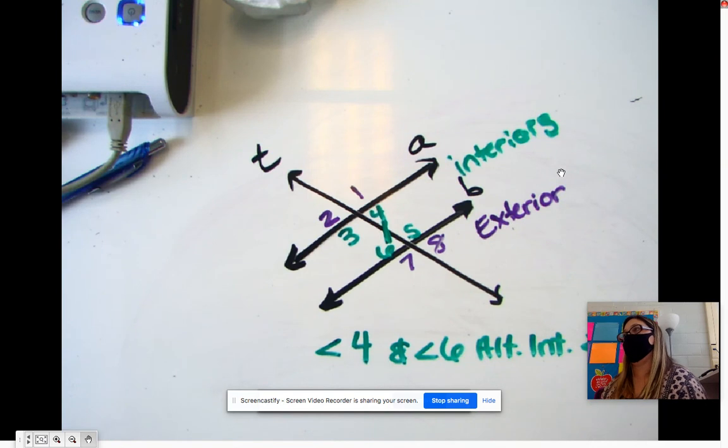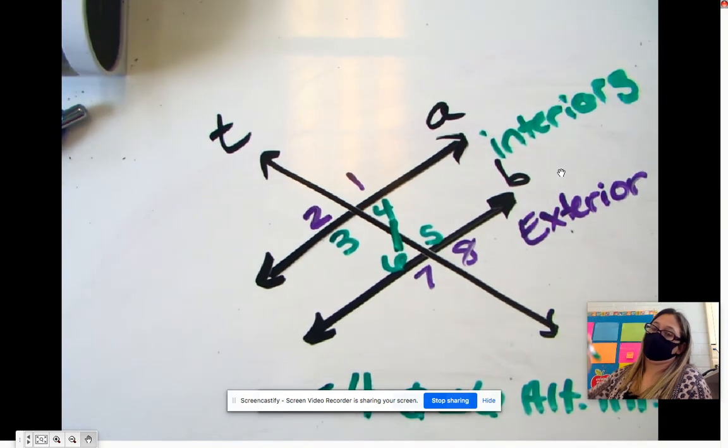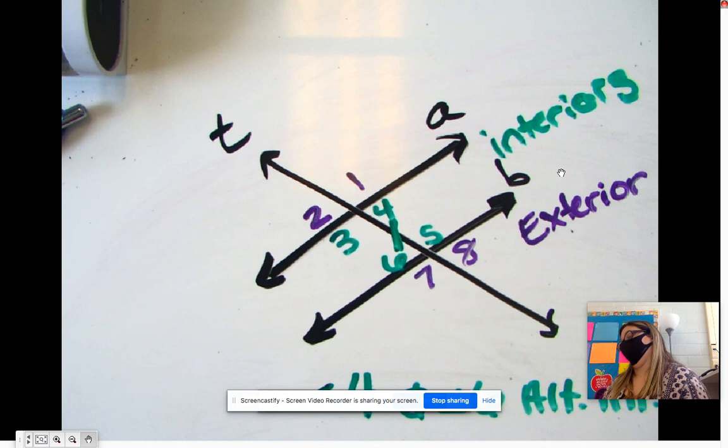What's the other pair that are across from each other? I know you know it.